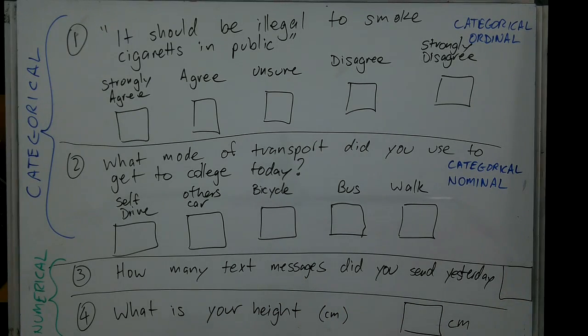Essentially, we're just counting how many text messages, and there is no possible way that you could send half a text message, or 3/4 of a text message, or 0.75 of a text message. Because the answer is expecting a number, that's what makes it numerical, and because we can only have whole numbers of text messages, things that we are counting, this is numerical discrete.